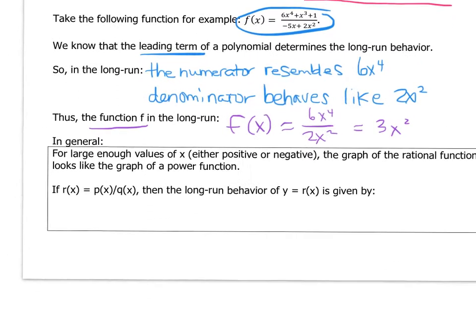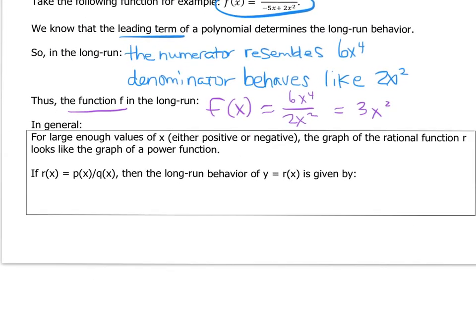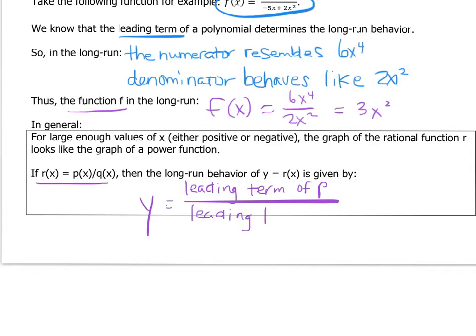So basically, in general, in the long run, your rational function is going to be given by y equals the leading term of p, which is your numerator, over the leading term of function q, which is your denominator.